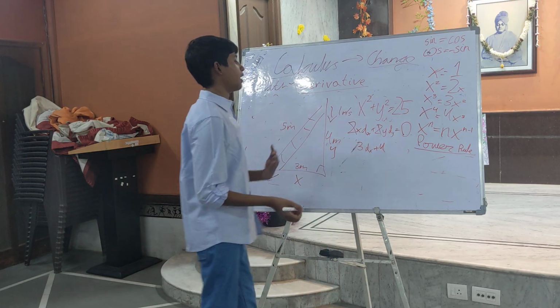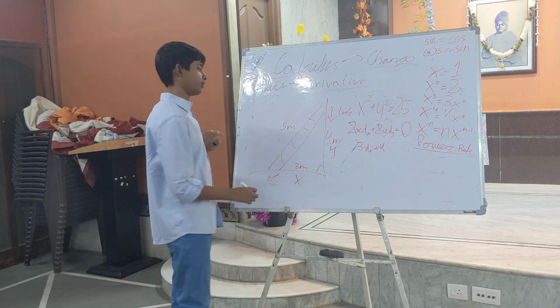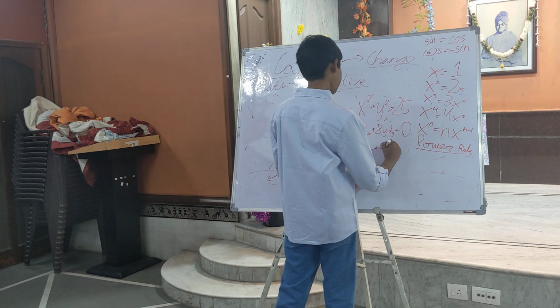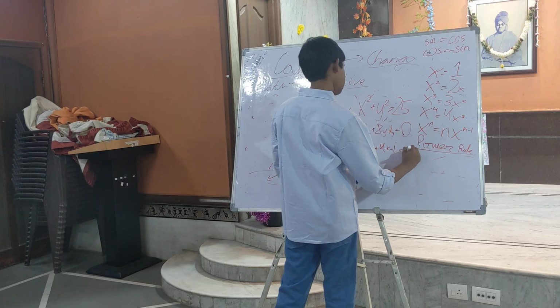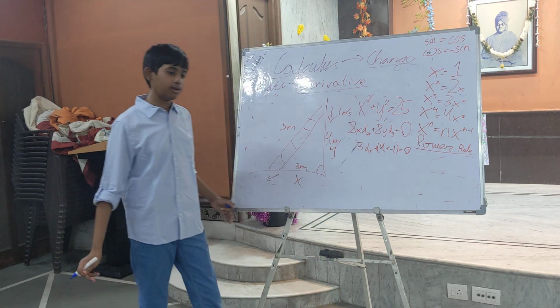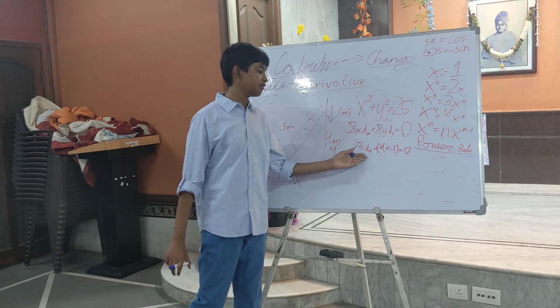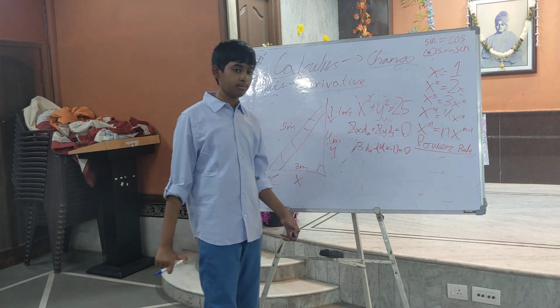I know dy, the rate at which y is changing, is equal to minus 1 meters per second. 4 times minus 1, and it is equal to 0. And from here, can anyone solve this? 3 times dx, the value we want, plus 4 times minus 1 is 0.